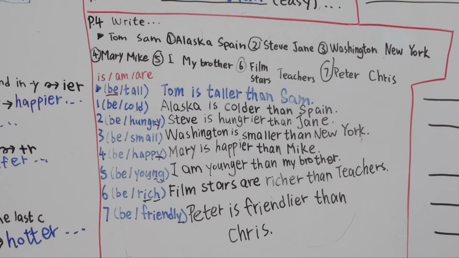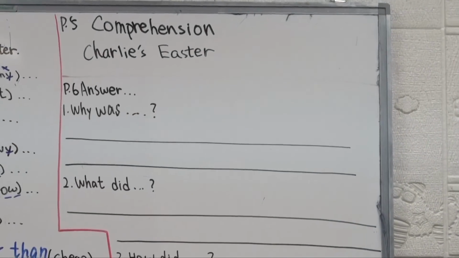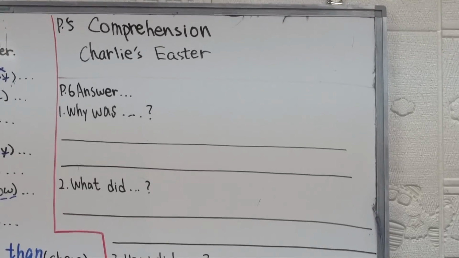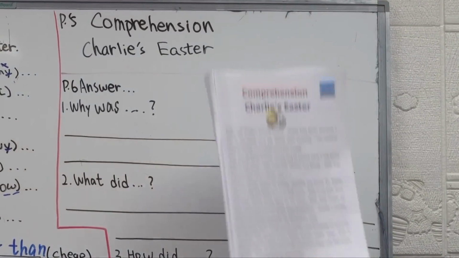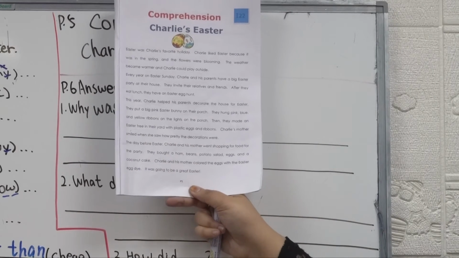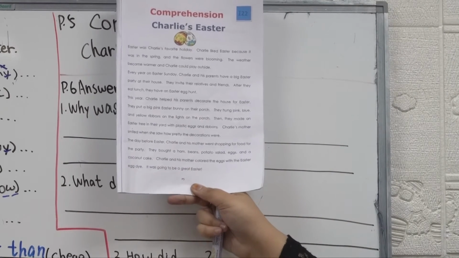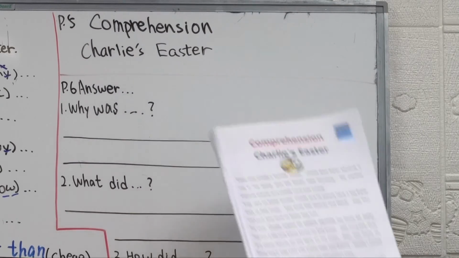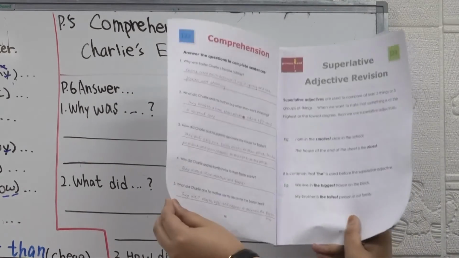If you're done, then please turn to page number 5. So page number 5 is comprehension, right? Comprehension, Charlie's Easter. So the paragraph looks like this, right? So everybody, let's read together, alright? Then we have to answer the questions in page number 6, alright?